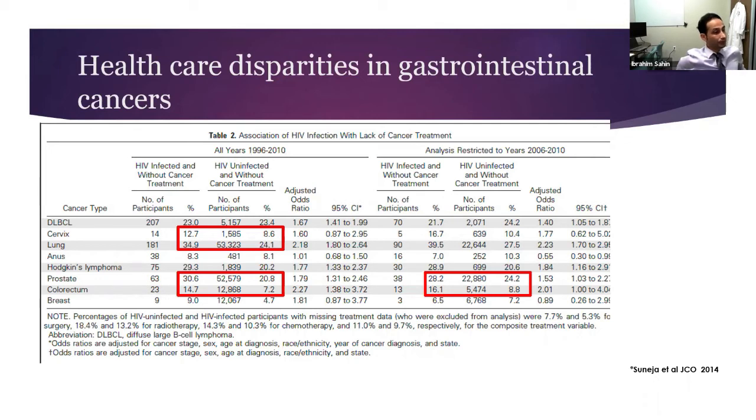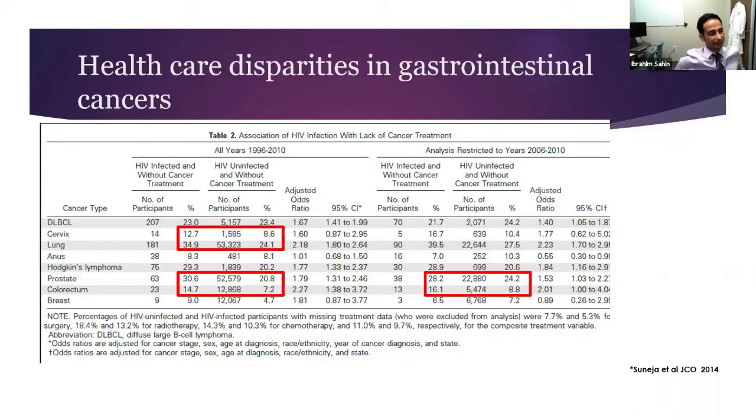As we see, 14% of the HIV-infected patient population with colorectal cancer never get any treatment for their cancer, versus only 7% for the overall population. And someone would suggest that's actually a problem of the past, but it's not.